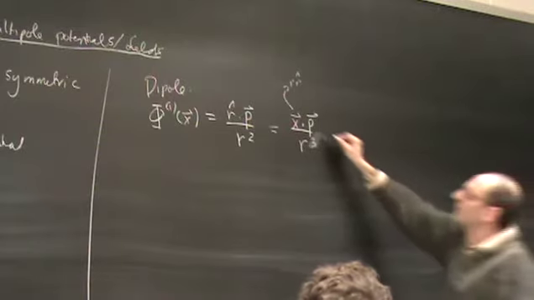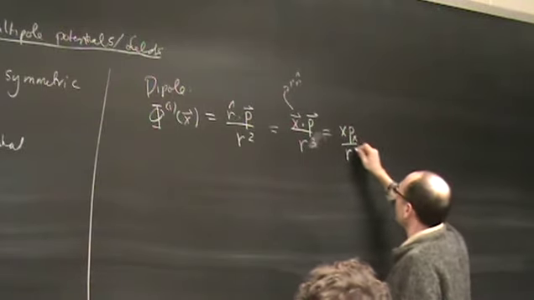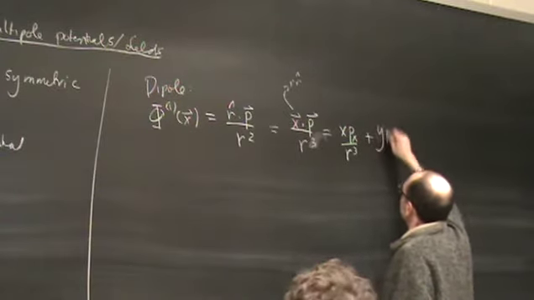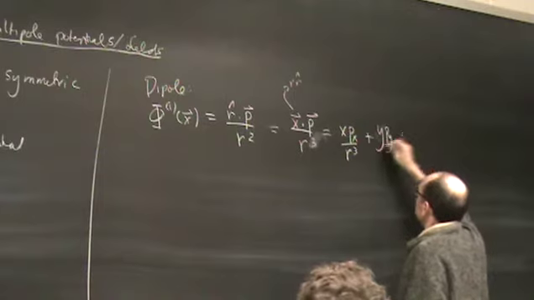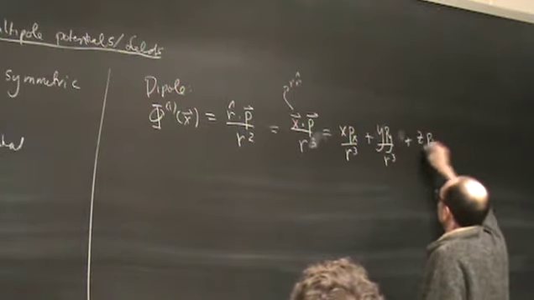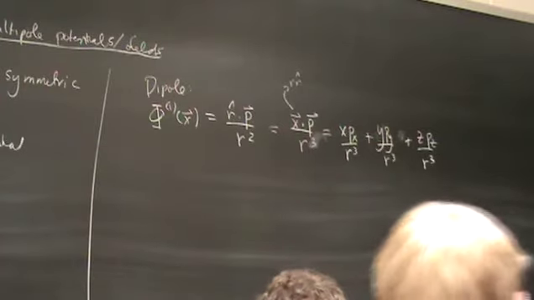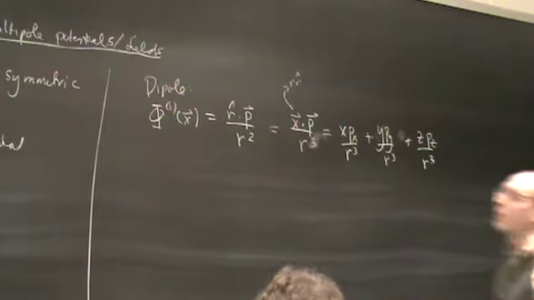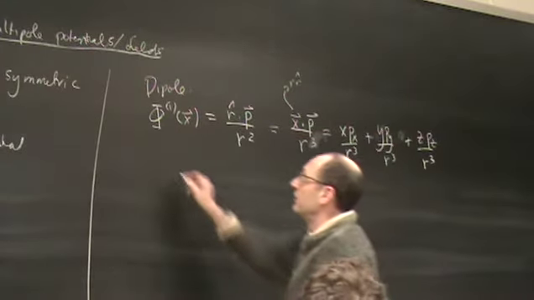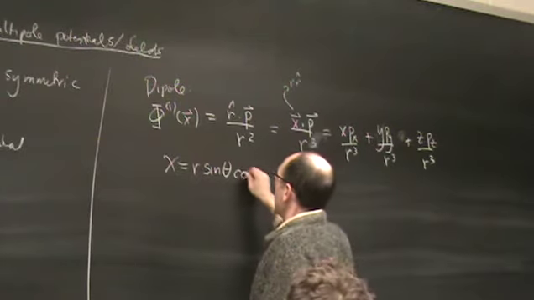And so I can write this out in terms of Cartesian components if I like, and I like. And I can then, if I want, write this out in spherical coordinates using the relations that everyone must memorize.